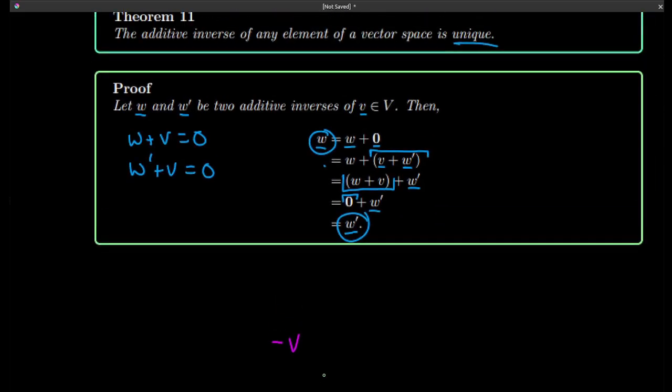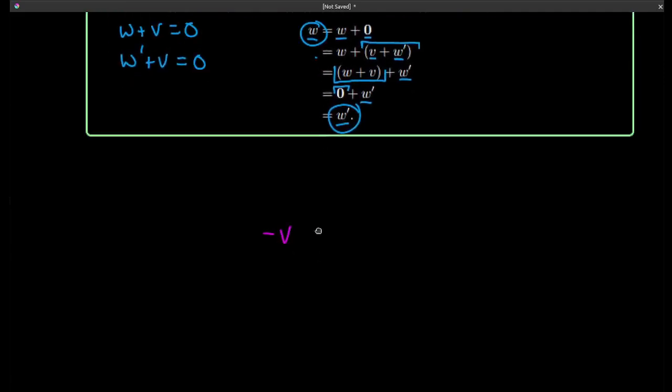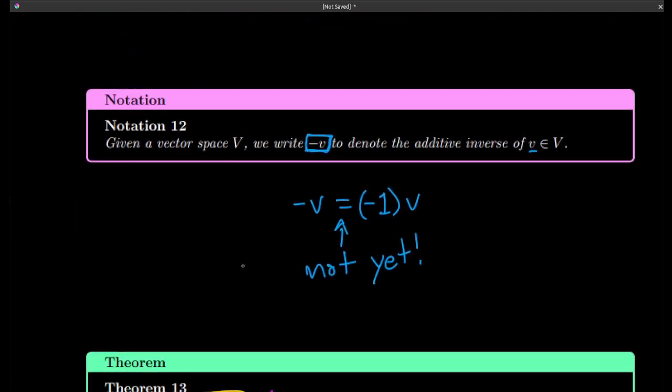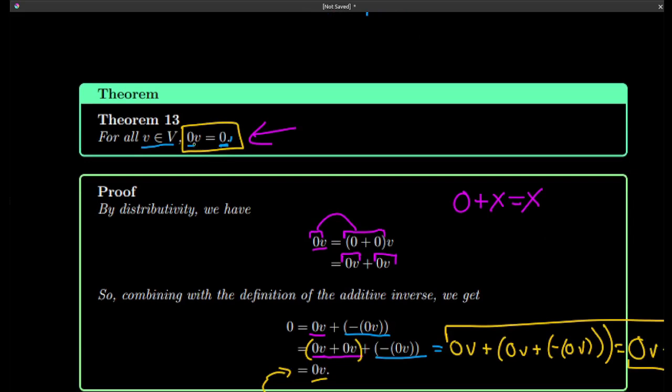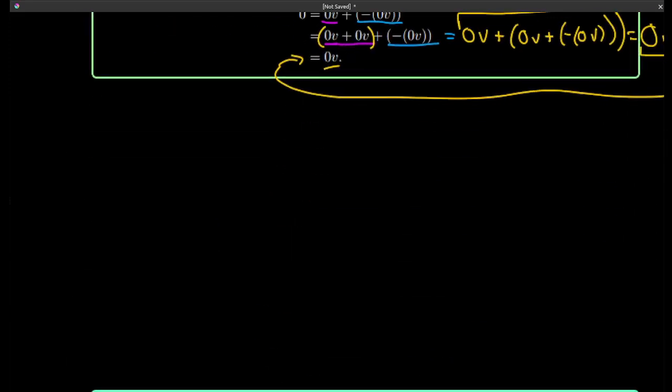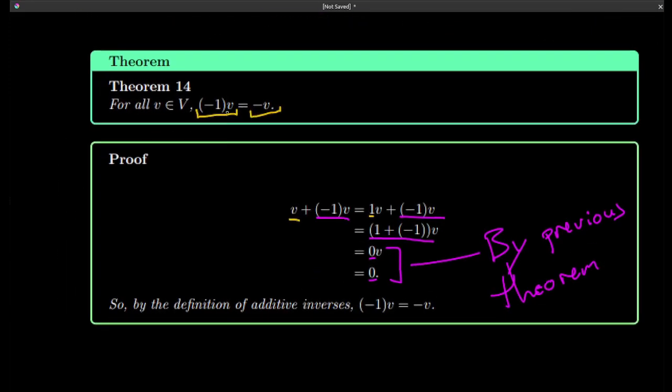So we had to prove the uniqueness of an additive inverse in a vector space. Then we had to prove that if you scale a vector by the additive identity of the field, you get back the additive identity of the vector space. And then we had to put it all together to get back that, hey, this unique additive inverse is indeed equal to this particular scaling of V.